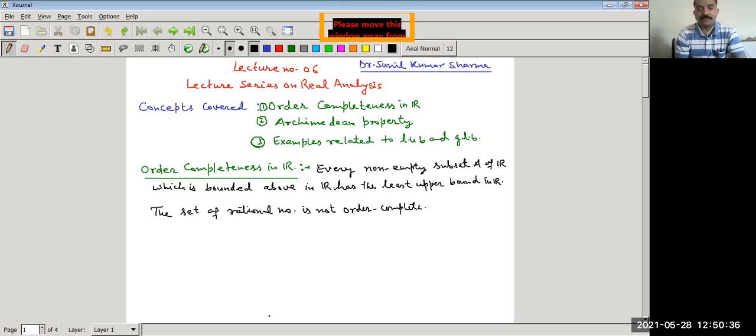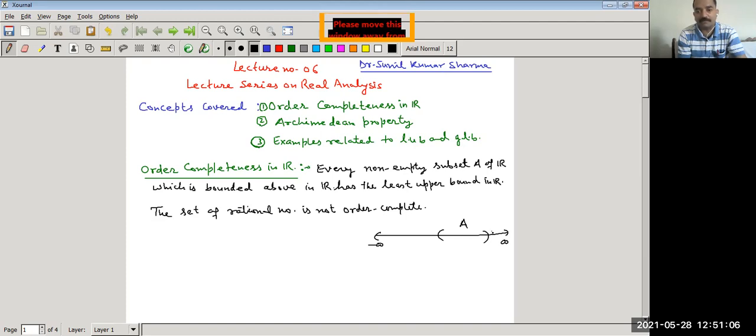Every non-empty subset A of real numbers R which is bounded above in R has the least upper bound in R. That is, you can take any non-empty subset A of R. Let us think about this geometrically. This is a set of real numbers. You can take any non-empty subset A which is bounded above.